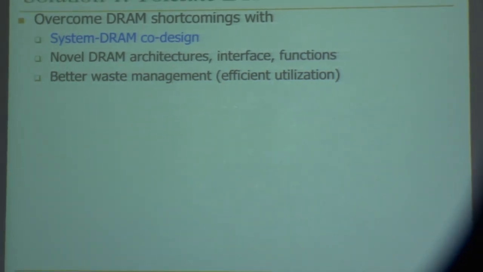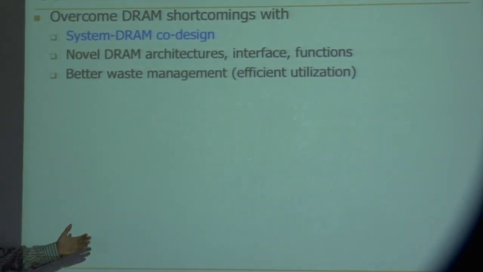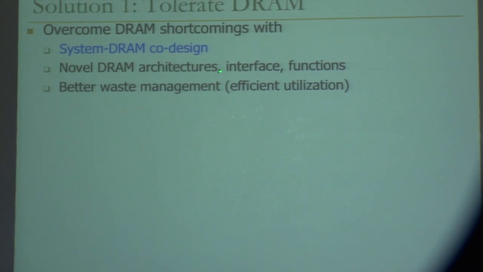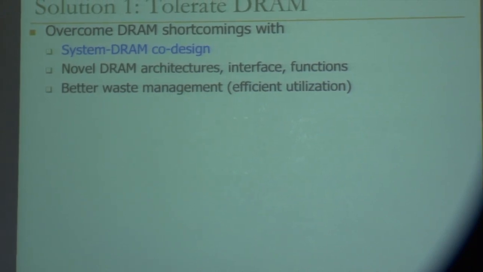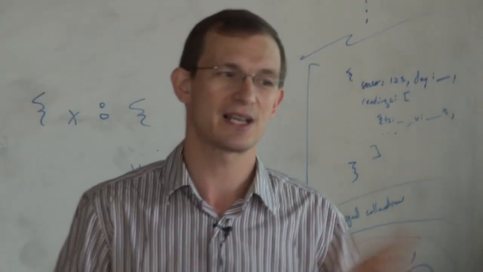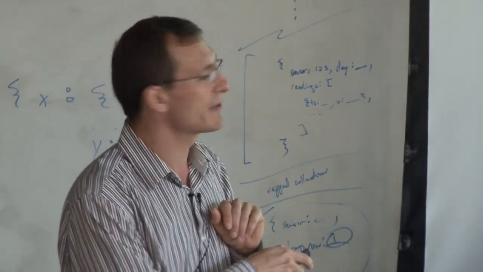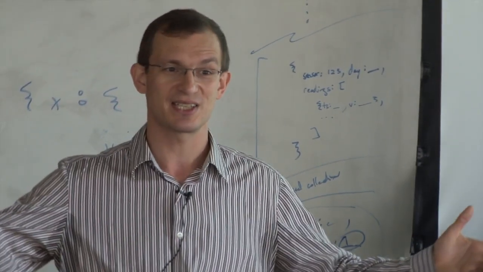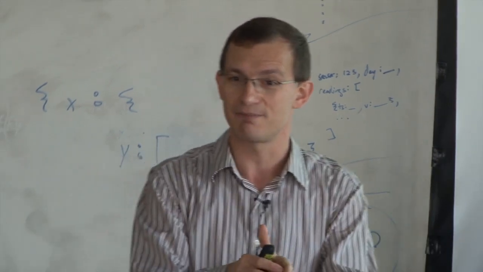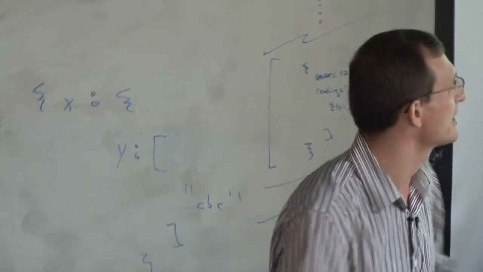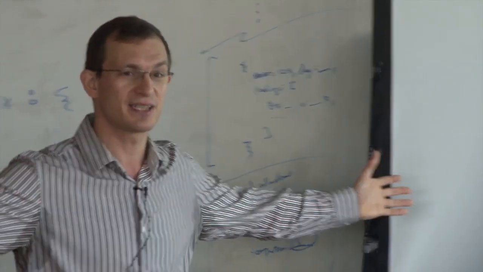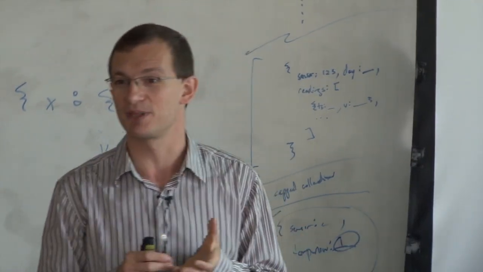Maybe we've been very wasteful because things have been scaling really well, right? Maybe we need to preserve the data in a much better way or access the data in much better ways in DRAM. For example, there's a lot of duplicate data, maybe duplicate pages in DRAM that we have. Can we compress them in some way, such that that duplication doesn't waste a lot of space because space is at a premium?